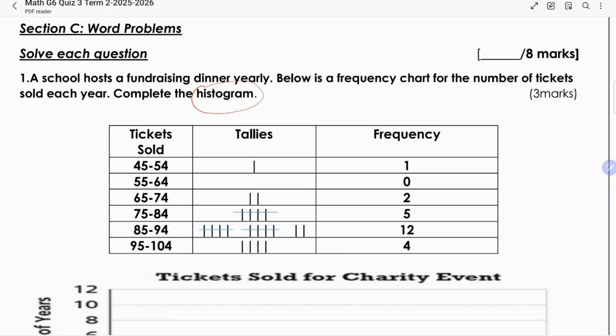Now, if you were paying attention in class, which you should have been, you would have heard me repeat that when you're drawing a histogram, there should be no gaps in between the bars. On a histogram, the bars are in the shape of a rectangle.